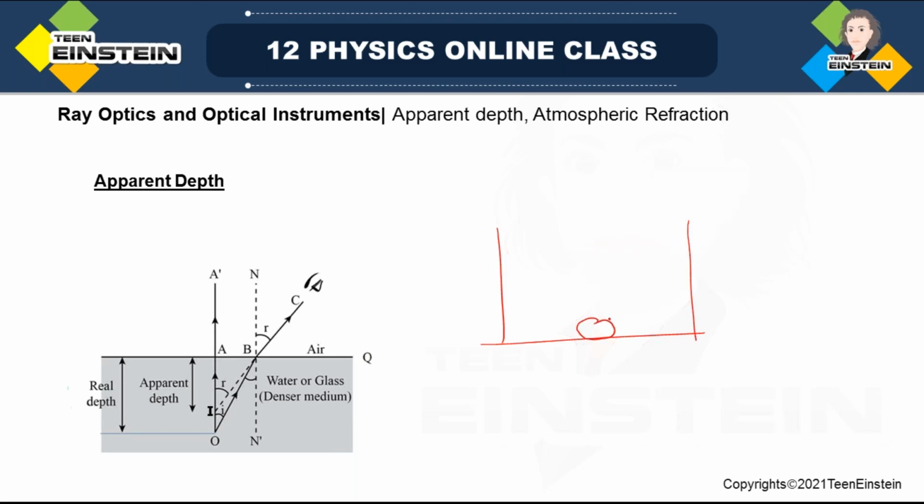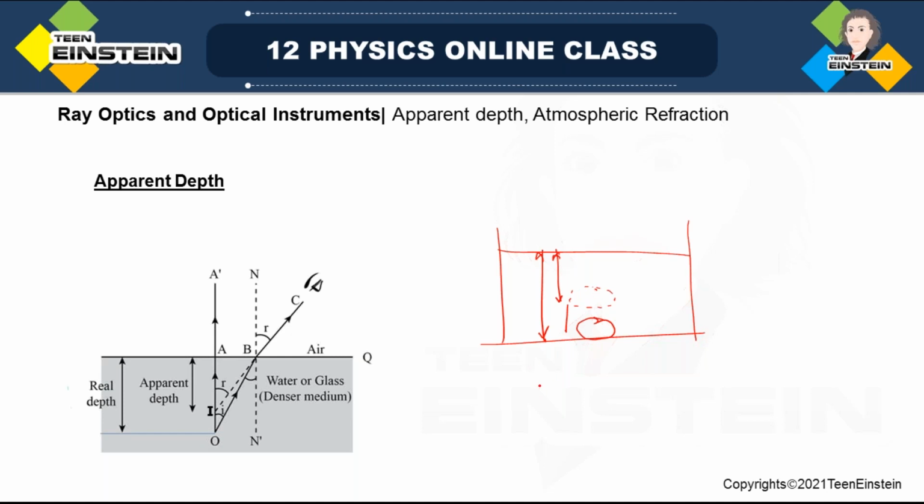Suppose here is the coin, but because of the refraction of light, you will see the coin over here. Suppose this is the surface of the water. From here, this depth you will see, but the actual depth is this one.